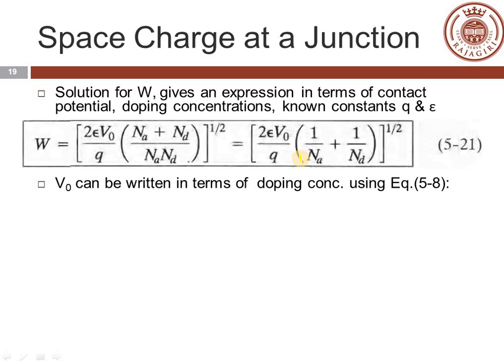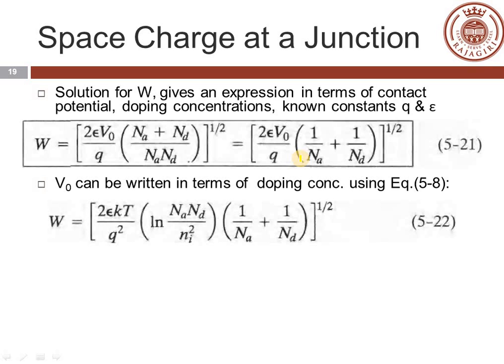Then V0 can be written in terms of doping concentration using equation 5.8, as kT/q ln(N_a N_d/n_i squared). If you substitute that, we get W as (2 epsilon kT/q squared ln(N_a N_d/n_i squared) (1/N_a + 1/N_d)) whole raised to 1/2.